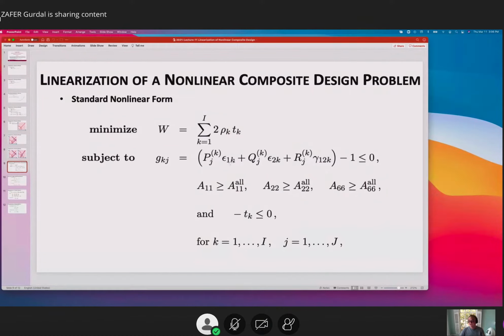They can also be stresses along principal material directions. But once you have the strains along principal material directions, you can always compute the stresses very easily by doing sigma equals E epsilon, where in your case, E will be the transformed reduced stiffness matrix. So this is what we're going to be doing.